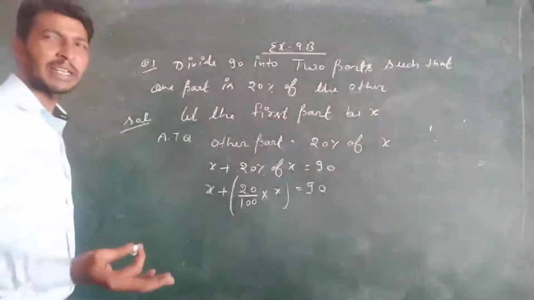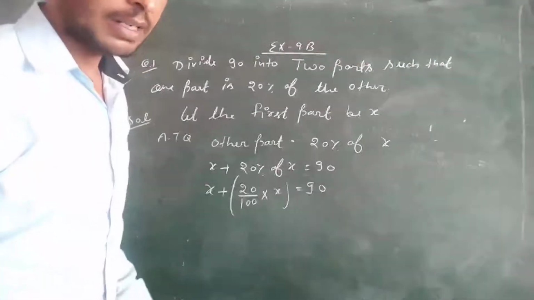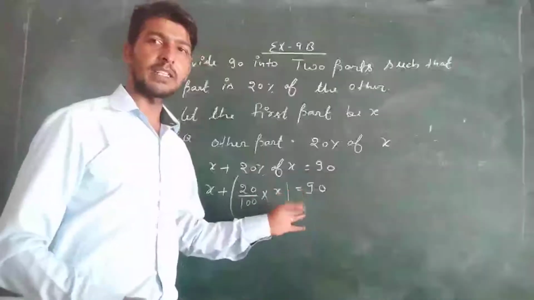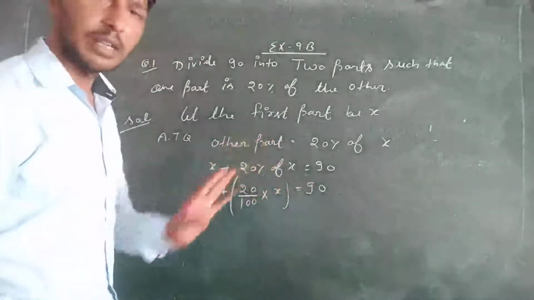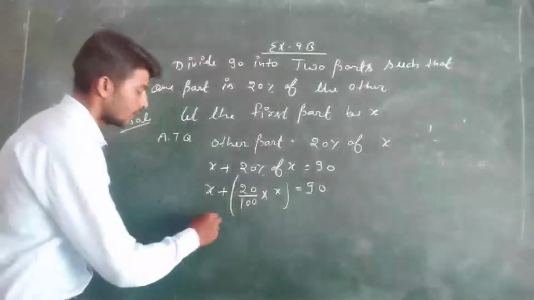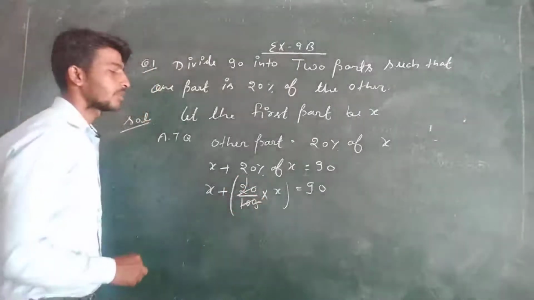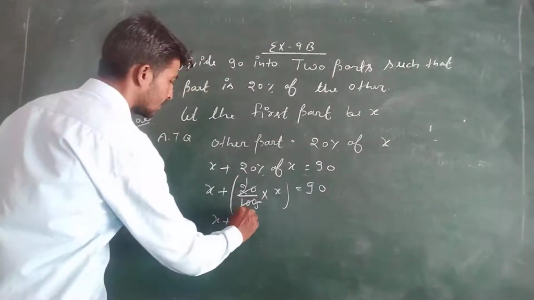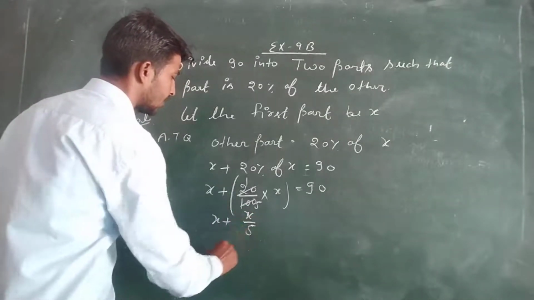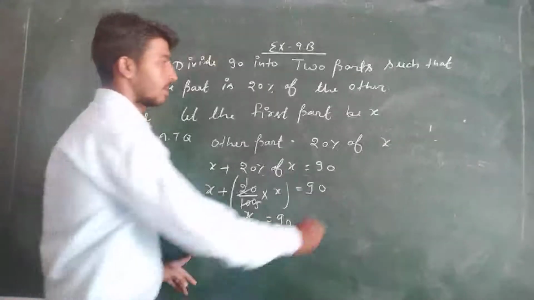90 rupees, or 90 amount you can say, because he did not give any specification. Okay, so we will call it 90 rupees. Now 20 by 100 reduces: 1 by 5. So here x plus x upon 5 is equal to 90.